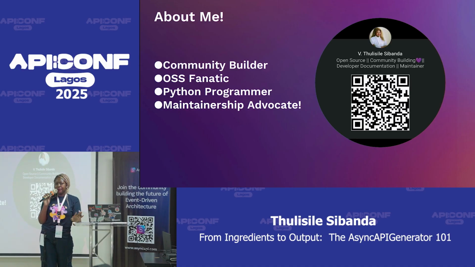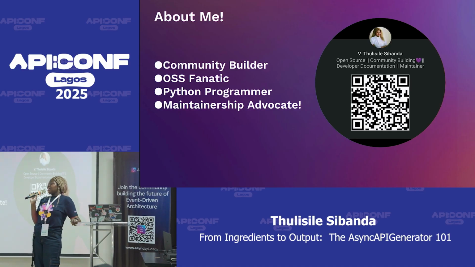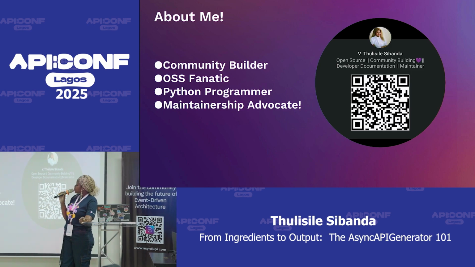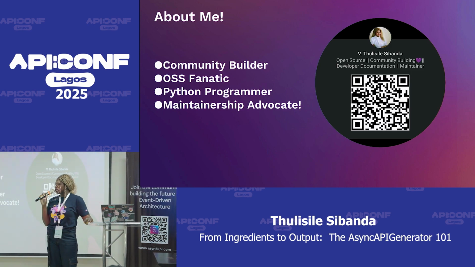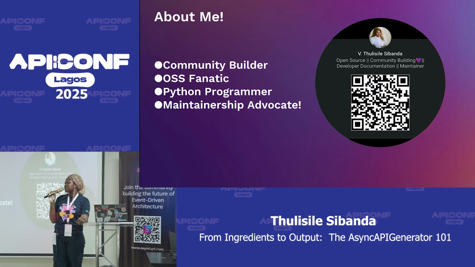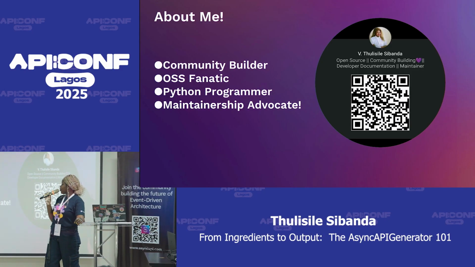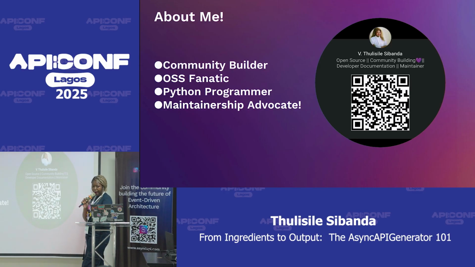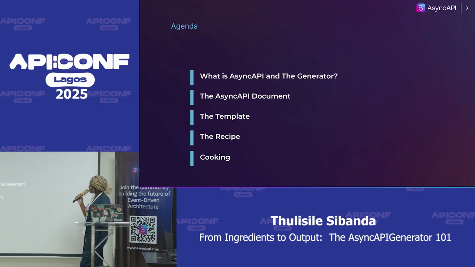Then finally, I'm a maintainership advocate. Because everywhere I go, I speak about maintainership and transferring knowledge from contributors to actually building a better balance between contributors and maintainers. So some of the programs that we are doing at AsyncAPI, like the maintainership program. So yeah, that's a bit about me in a nutshell.